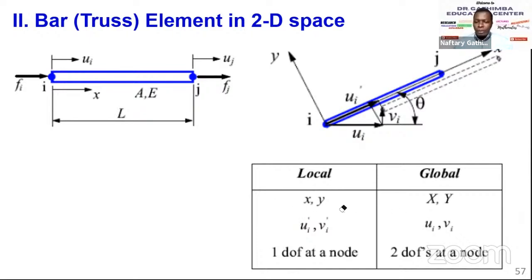All right. Another thing to note is at the local coordinate system, as I was explaining on the table below, at node i we were only concerned with the displacement along the axis, because we are saying for an element carrying axial load. But at the global coordinate system, we are no longer concerned about just one element.